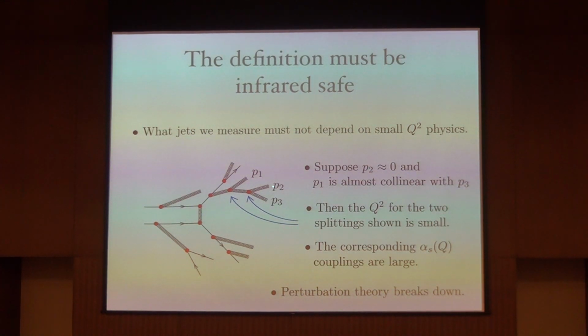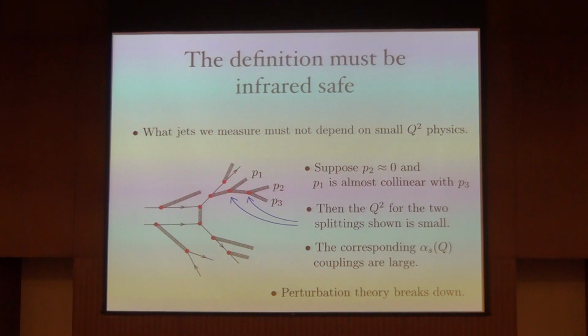Suppose P2 here is nearly 0, and suppose P1 is almost collinear to P3, then effectively that coupling constant right there and this one are big. And if they're big, then we better not be using perturbation theory to get the cross-section for that. So when perturbation theory is breaking down, we're out of luck on using our theory.